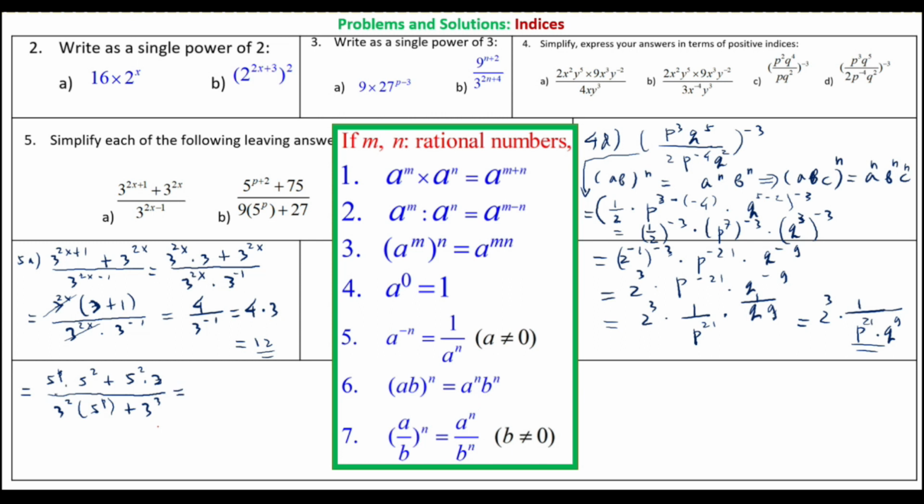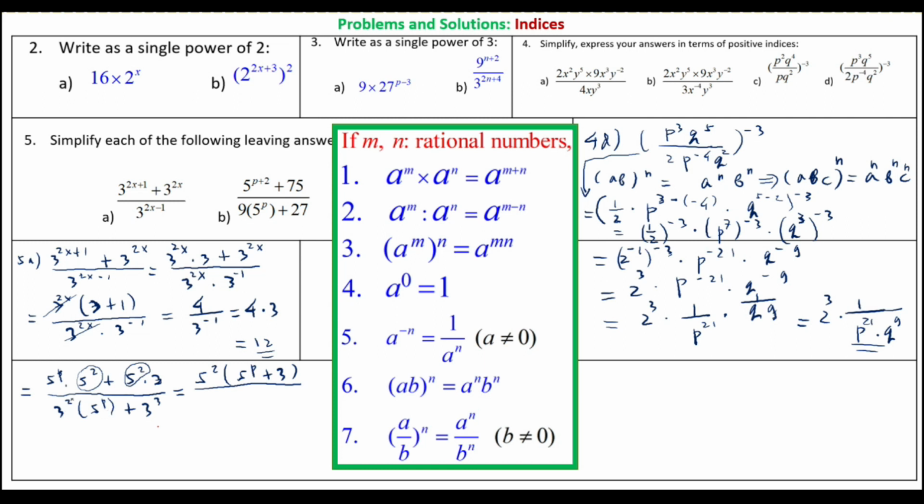So we can simplify. We've got 5 to the power of 2, and then we have 5 to the power of 2. So we can factor this common factor out: 5 to the power of 2 times (5 to the power of p plus 3), all over. Now what is the common factor here?